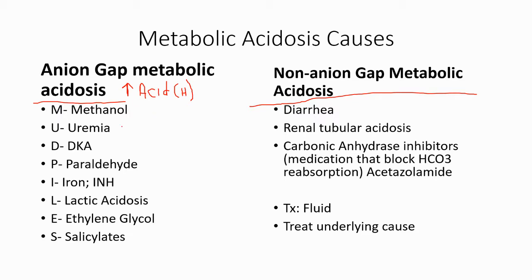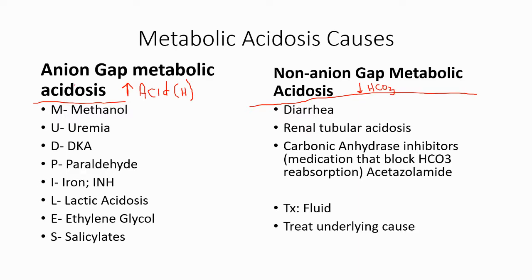I think of somebody just pouring acid into somebody's body. That is going to cause acidosis, and that is a reason somebody would have a gap. The non-anion gap metabolic acidosis is caused by a loss of bicarb. As this base is leaving our body in large amounts, they're going to become acidotic. So that's important to know.